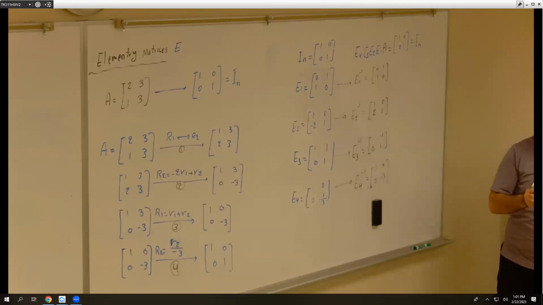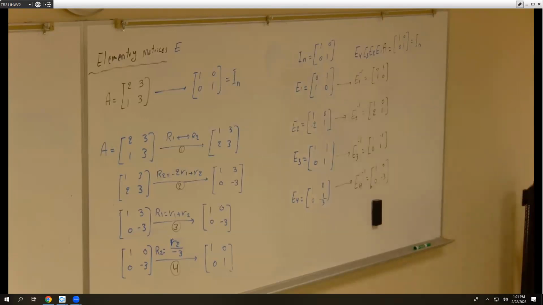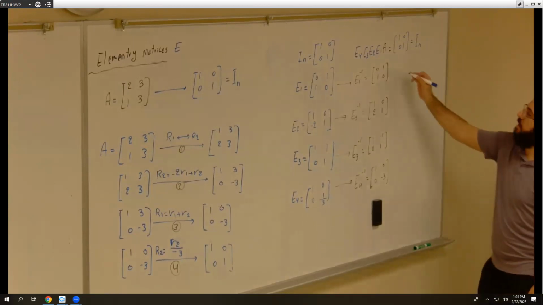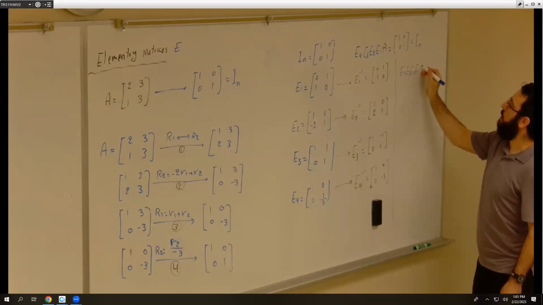Check now what we're going to get. If I'm taking the inverse on the top, because if I multiply E4 by E3, E2, E1, and matrix A, the result is going to be the identity, right?